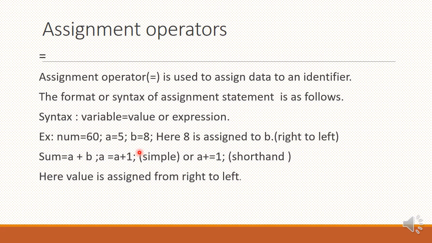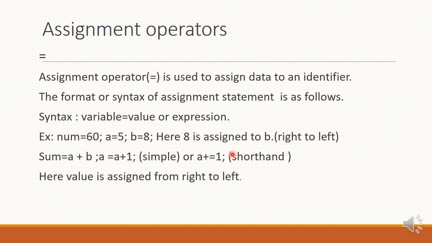No, it is not possible. Always, whatever you have written on the right side is assigned to the left side. Okay, here also, for example, we have written 8 is assigned to B.